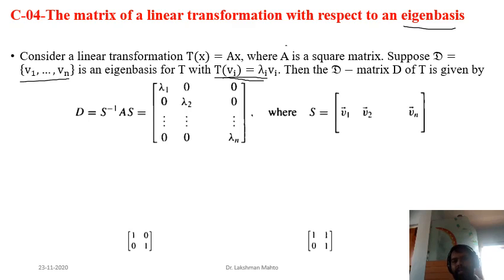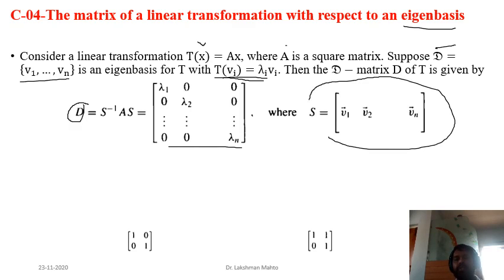Then the matrix of T with respect to this eigenbasis would be a diagonal matrix, and the relation between the actual matrix of the transformation with respect to the standard basis and this diagonal matrix is D equal to S inverse AS. What is S here? S is the change of basis matrix, where the columns of S come from the eigenvectors of the given matrix. So this is the relation.